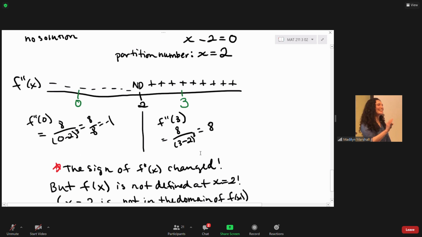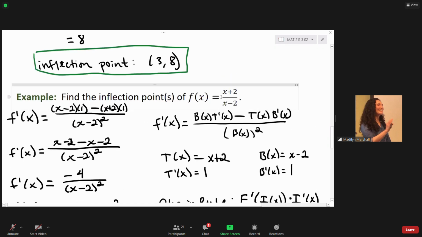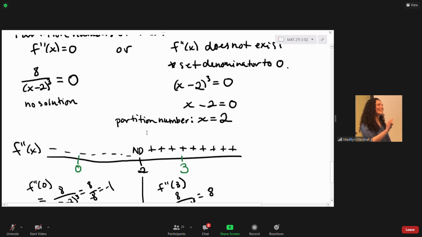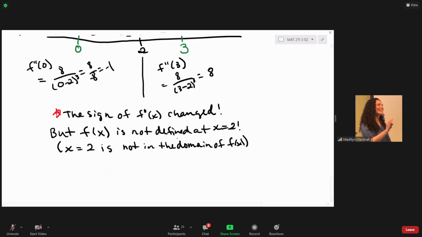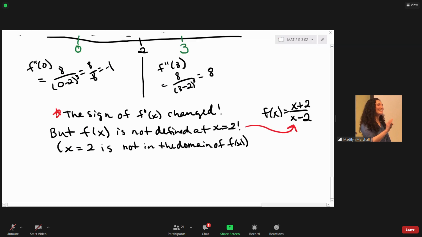Because f was, I'll bring that back in a second, f was x plus 2 over x minus 2. So 2 would make f undefined.